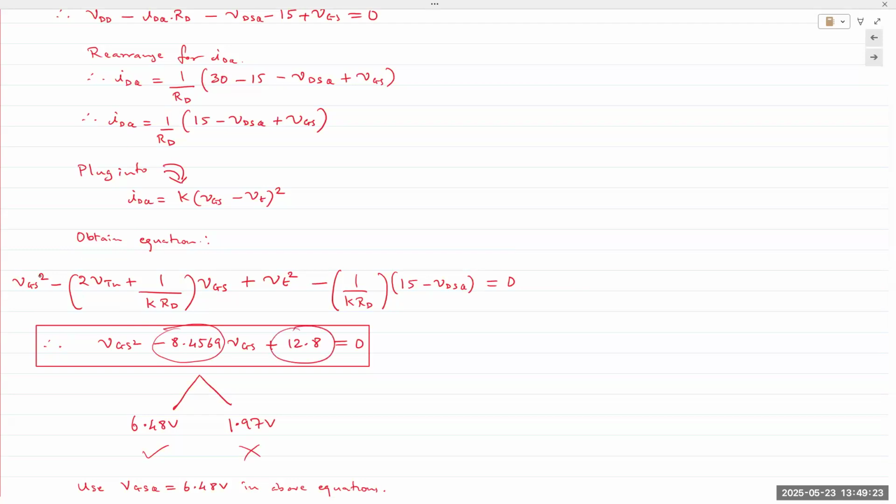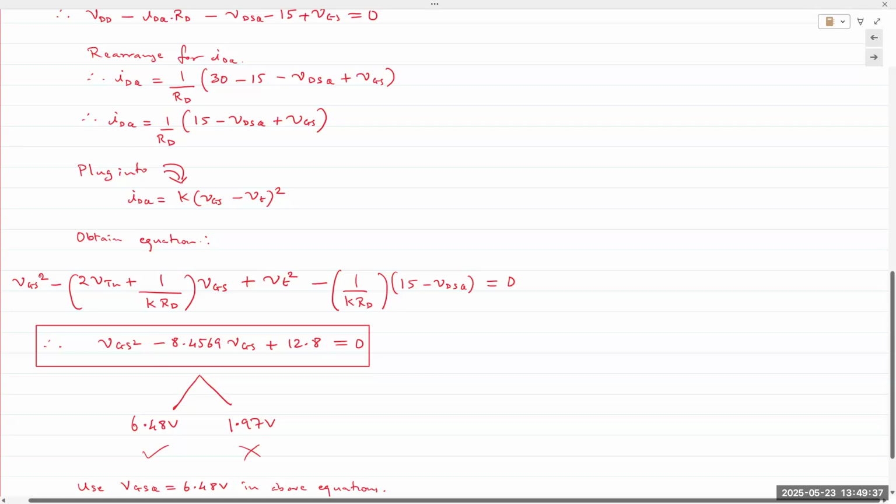these two. And once we obtain those two, solve for VGS, we obtain two values. The roots of the equation are 6.48 and 1.97. So if you have these two values, how would you decide?